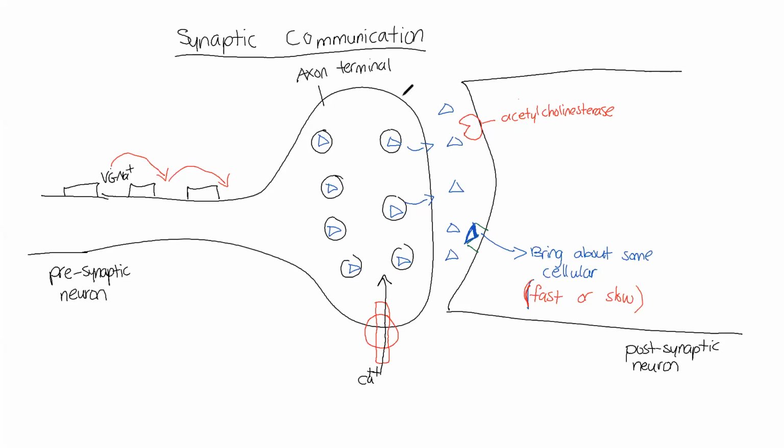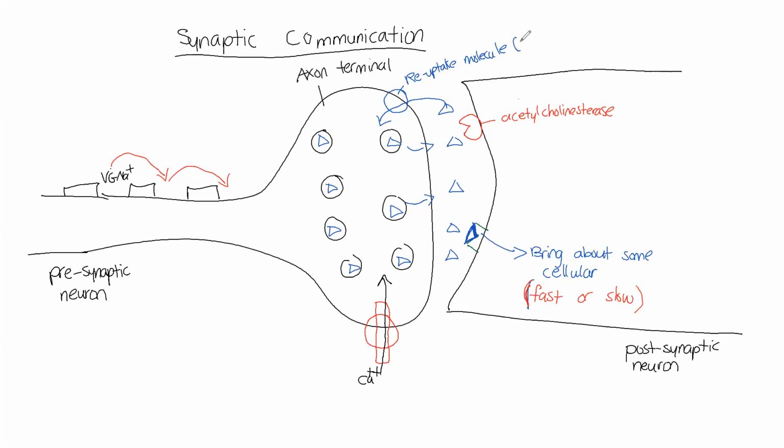So if you remember, we talked about this reuptake molecule on the presynaptic side. So this is our reuptake molecule. Okay. And so after the acetylcholinesterase degrades the excess neurotransmitter, then that can be reuptaken back into the presynaptic neuron and essentially recycled.